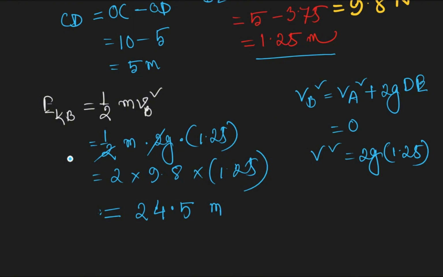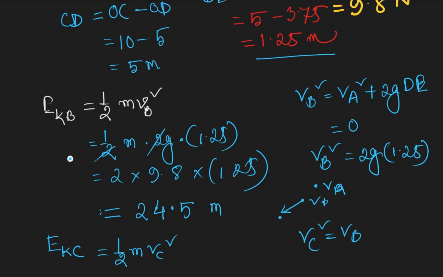Now it's time to calculate the kinetic energy EKC, which will be half mVC square, right? We have the value of VB. Let's say this is VA, this is VB, and this is VC. Traveling from B to C, VC square equals VB square plus 2g times the height, which will be CE.